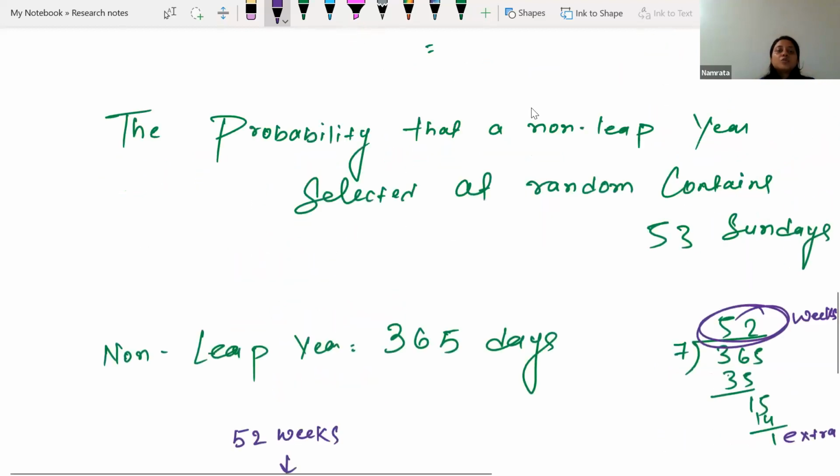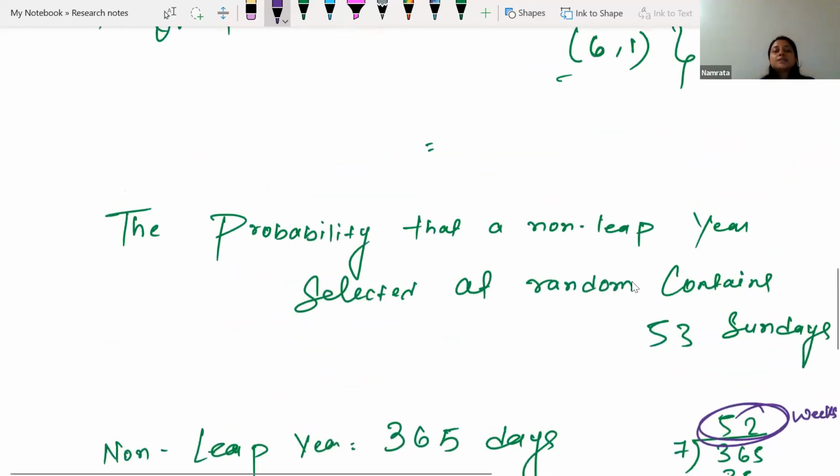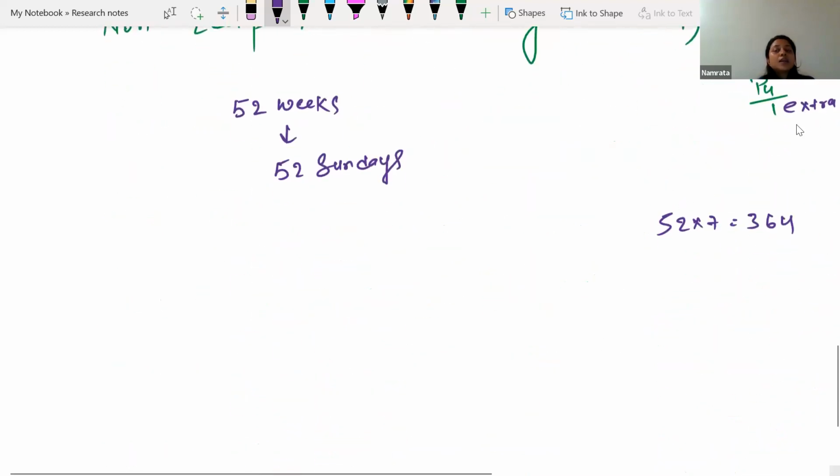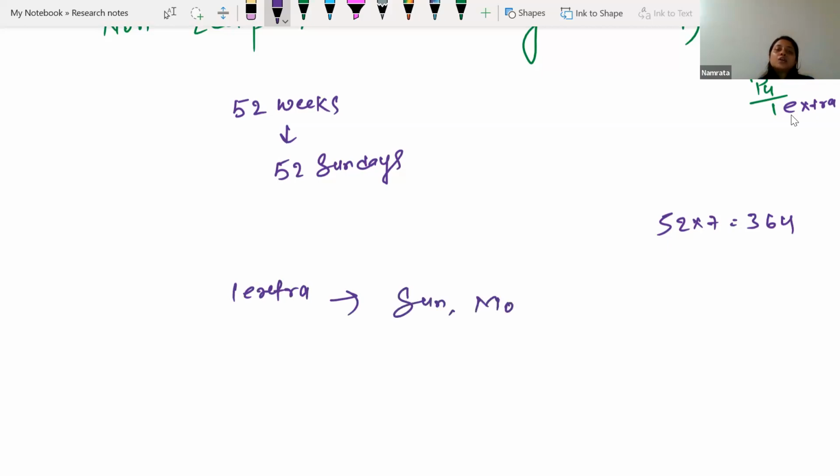Now, if we want one more Sunday, the probability that a non-leap year selected at random contains 53 Sundays, then that one extra day can be Sunday, Monday, Tuesday, Wednesday, Thursday, Friday, or Saturday, right? Which one is the favorable day? It's Sunday.